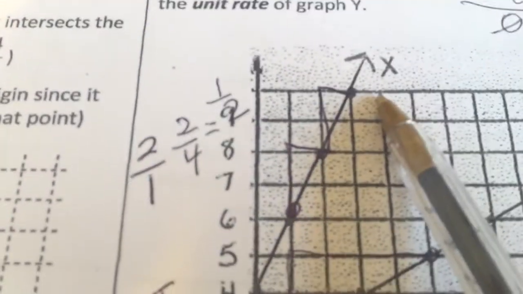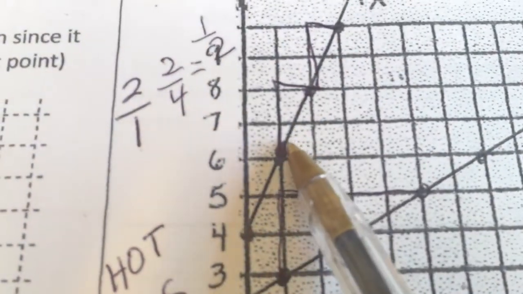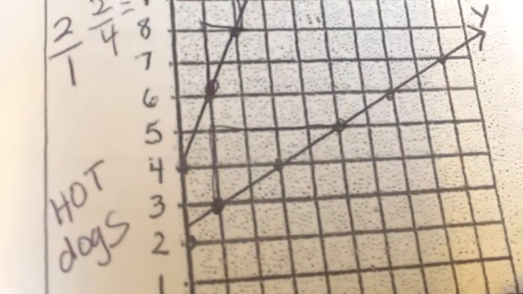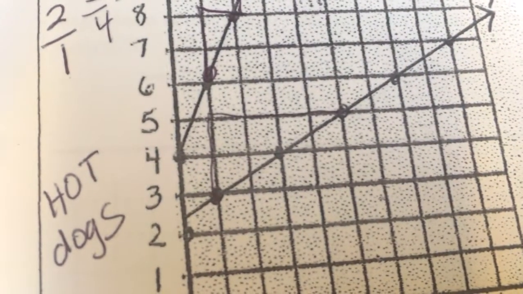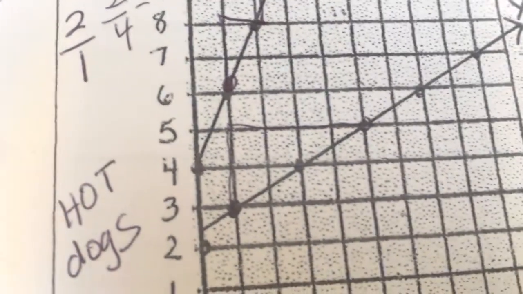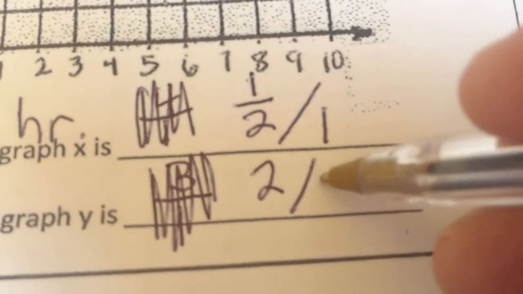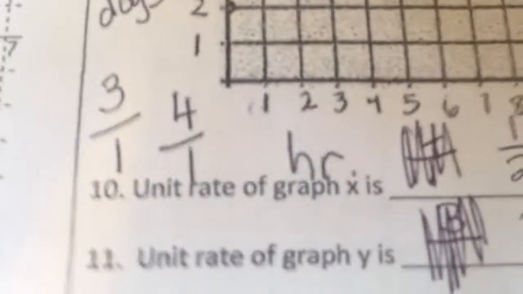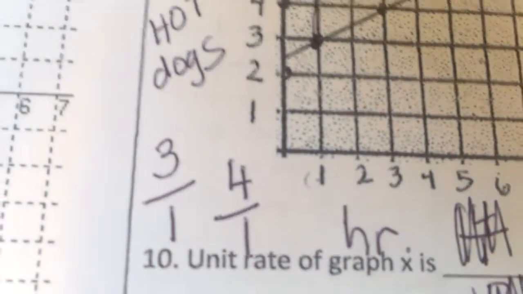So this one, X, is 1/2 per hour, and the other one is 2 per hour. Sorry about that, guys. So we had to do the rate of change by picking 2 points.